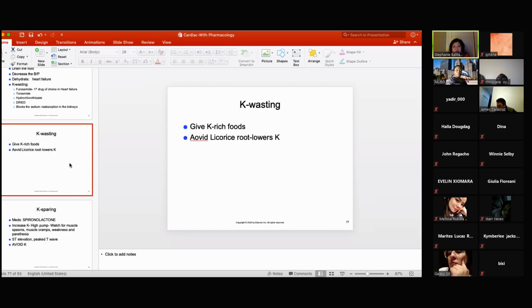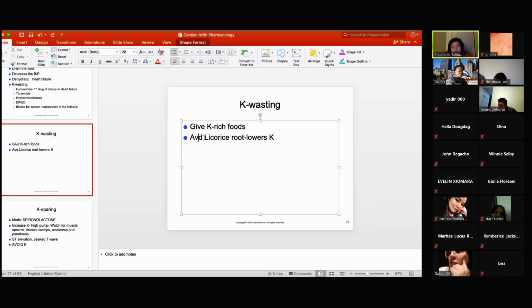That's why if you've noticed, if your patient is on Lasix, they would also be prescribed what? Potassium supplements, right? Lasix and potassium go together because Lasix is a potassium wasting diuretic. So if your patients are on potassium wasting diuretics, you should give them potassium rich foods.